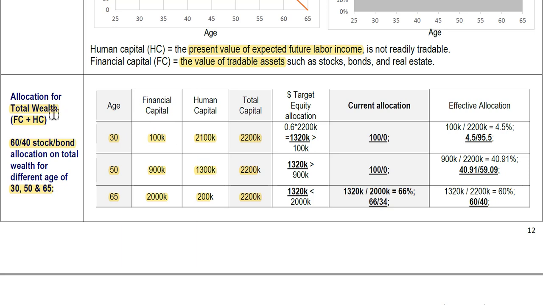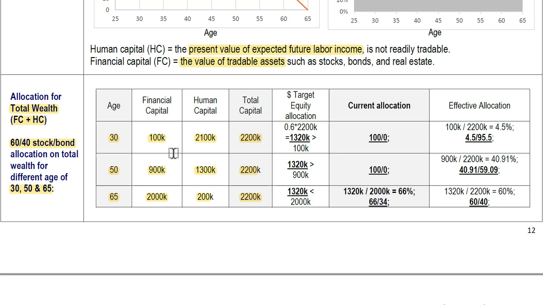Okay, now how do we allocate that? Based on total wealth, we want the optimal allocation of 60-40. This is the most common norm, that 60-40 is the best choice. Now suppose that's true. Suppose you are at age 30 and you have $100,000.